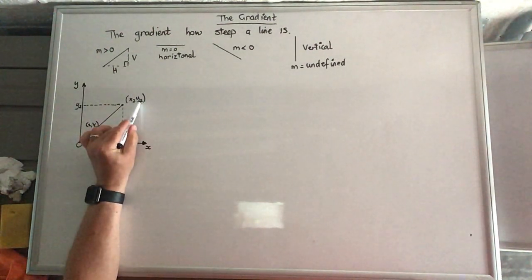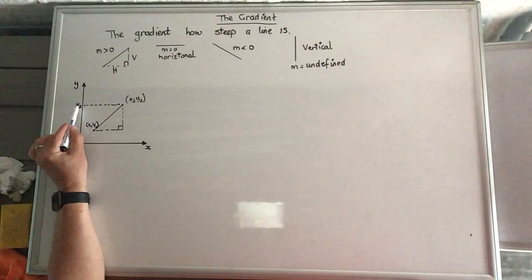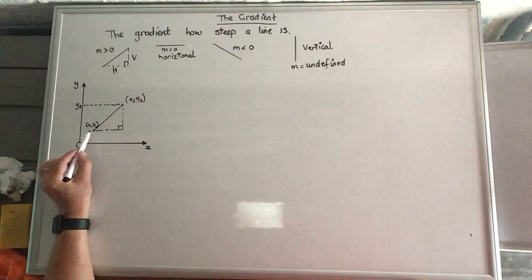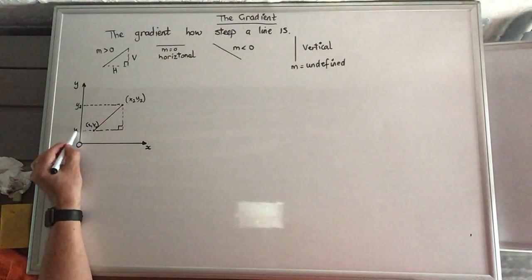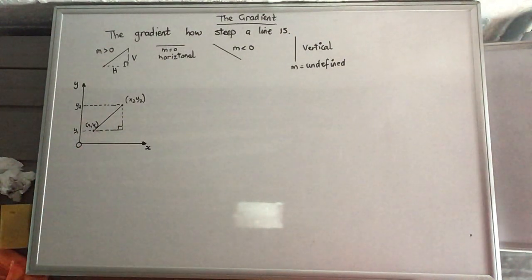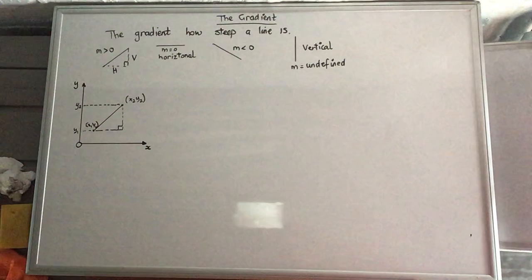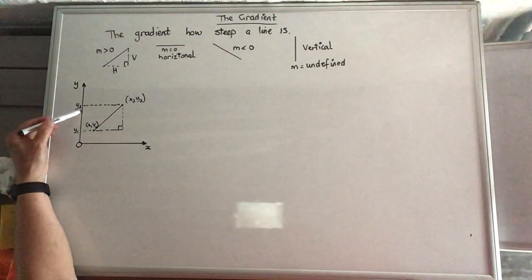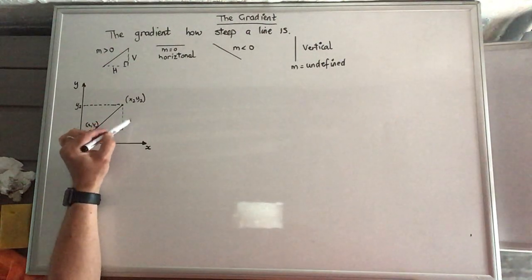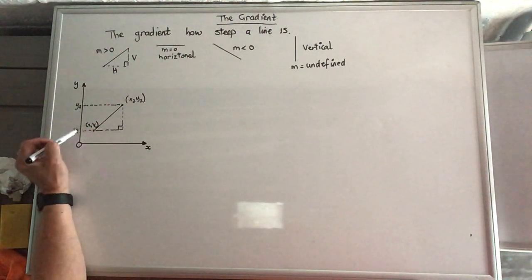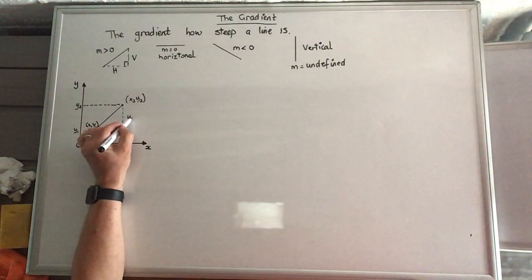So this value here is the same as that value there for the y coordinate. Same idea for this one, the y coordinate for this one, y1. So this distance here is the same as that distance there, and this is the distance we want to calculate. So y2 minus y1, so this distance here is y2 minus y1.